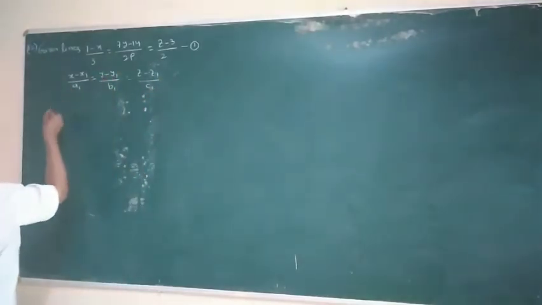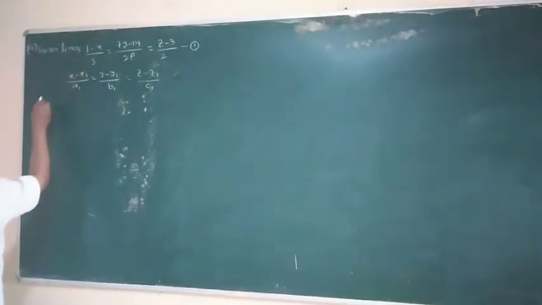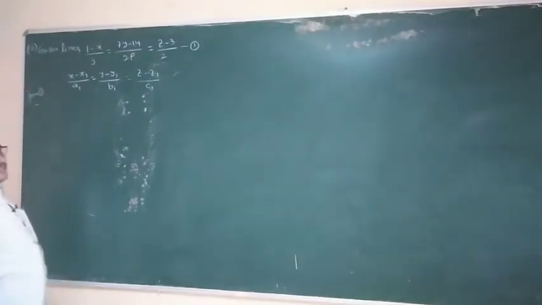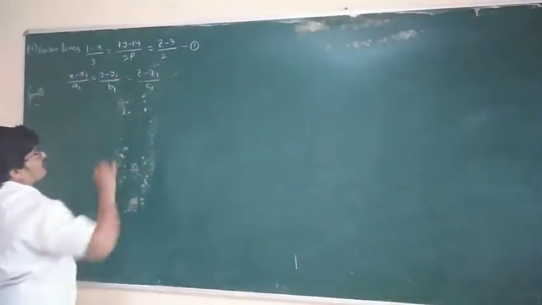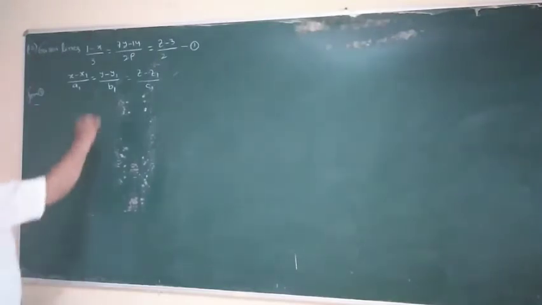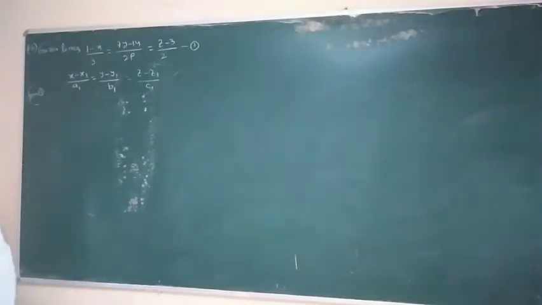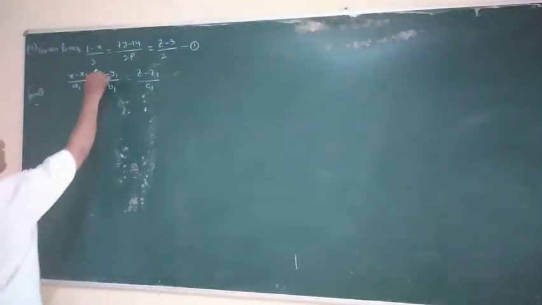How to reduce? First take the minus common from 1. The equation of a line in Cartesian form is x minus x1 by a1, y minus y1 by b1 equal to z minus z1 by c1. This is the general equation. The given line equation is also Cartesian, but it is not the general form.